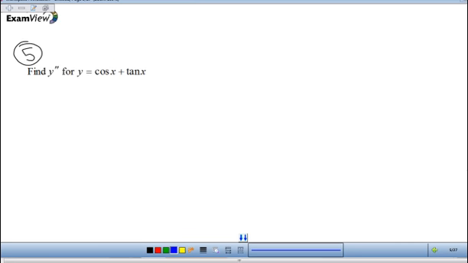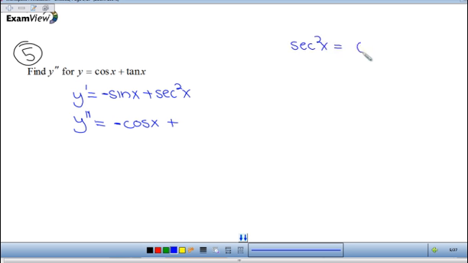Okay, so now we need to find the second derivative. So my first derivative is going to be negative sine of x plus secant squared of x. My second derivative is going to be negative cosine of x plus, okay, secant squared of x is the same thing as secant of x squared.